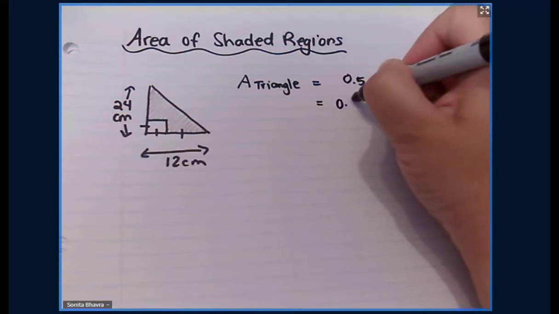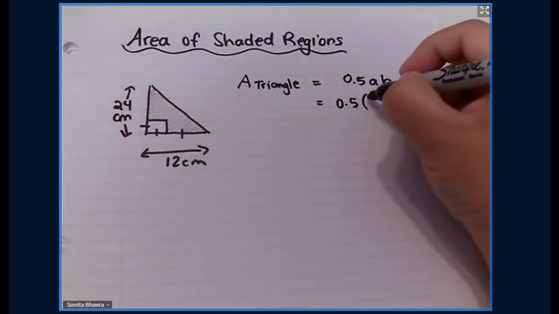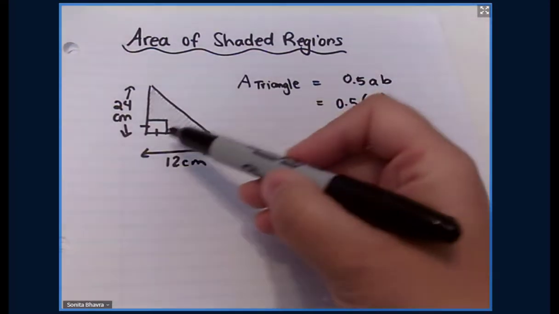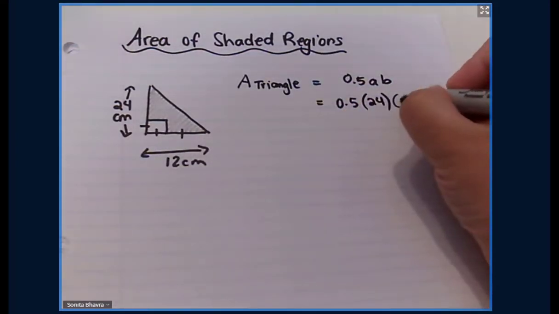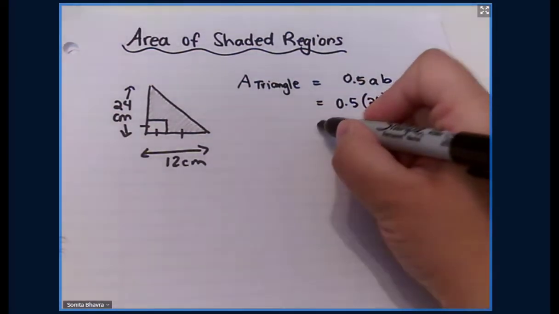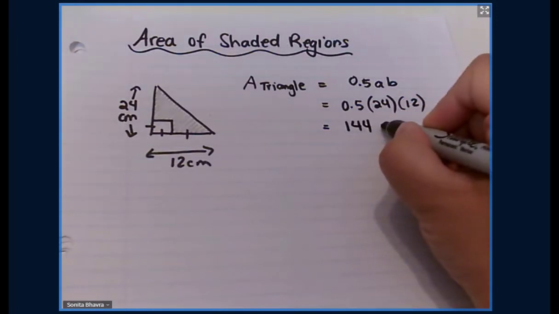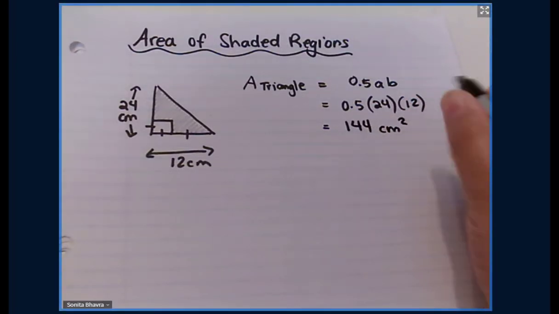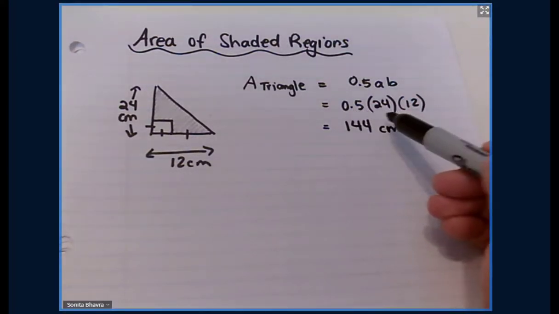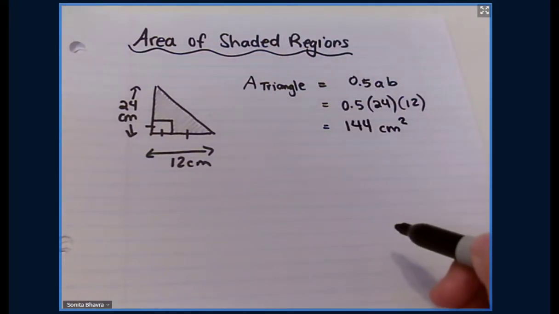So 0.5, altitude or height is 24, and our base is given to us as 12. So we can multiply this out, and we'll get the area of the triangle, which is 144 centimeters squared. So 0.5 times 24 times 12 gives me 144 centimeters squared.